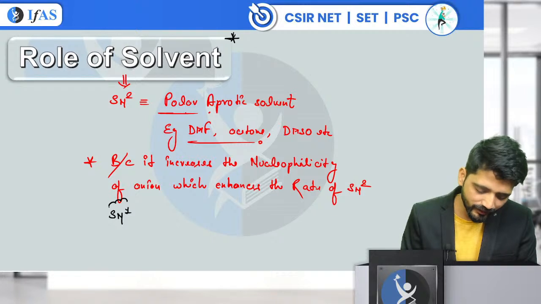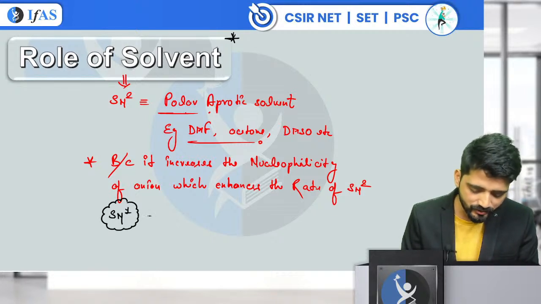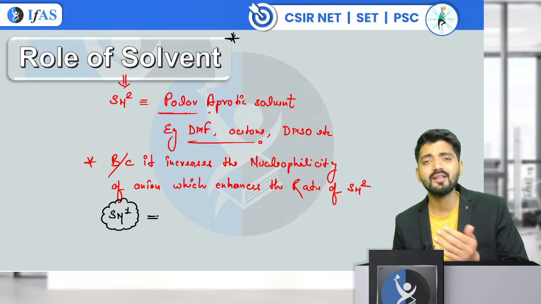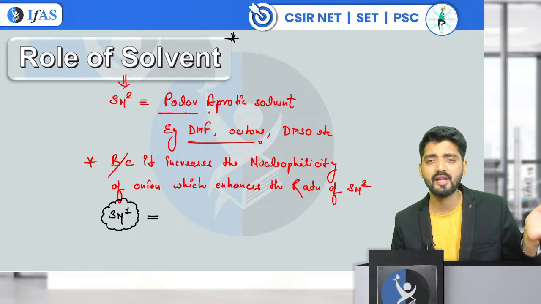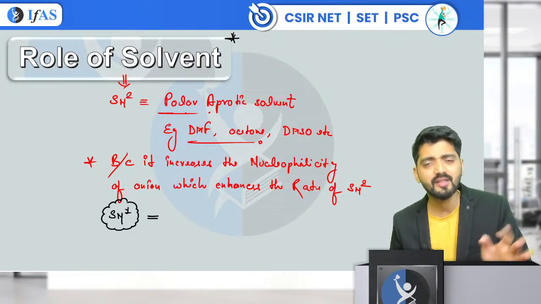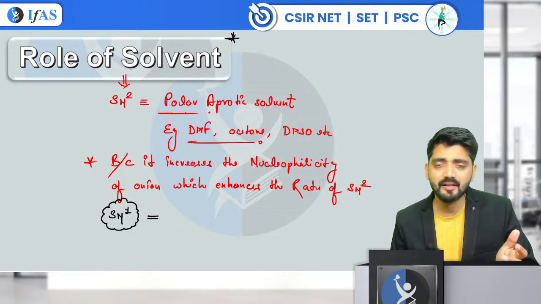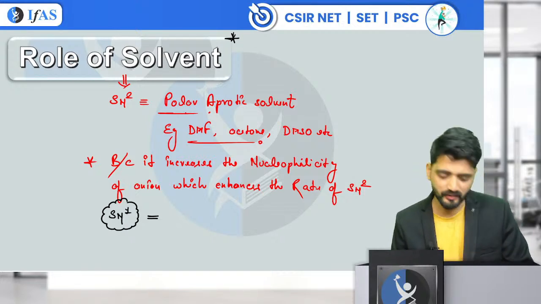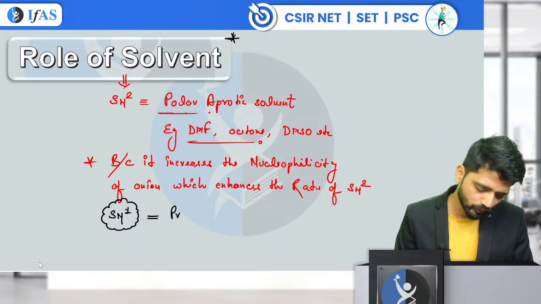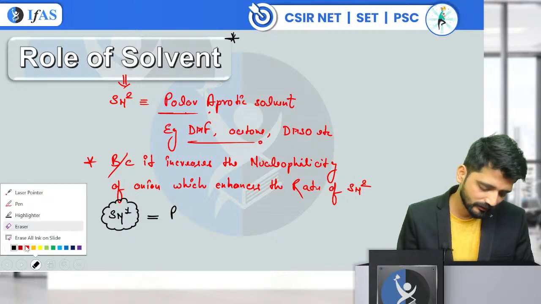It means it is clear enough. In SN1 reactions, since nucleophilicity does not affect the rate of reaction, it is not present in the rate equation. So it doesn't matter whether the nucleophilicity is decreasing. Hence we use polar protic solvents in the case of SN1 reaction.